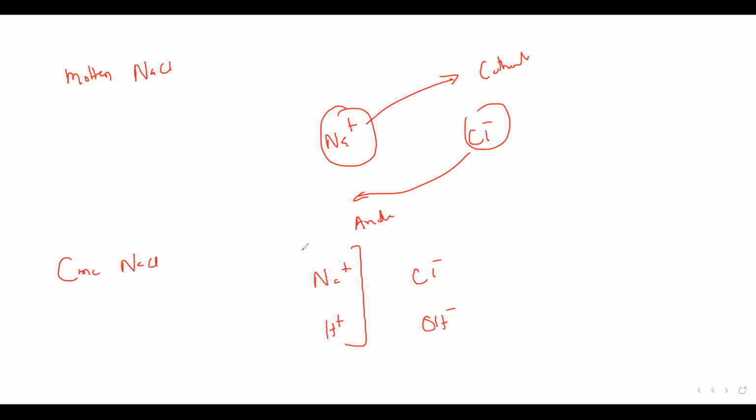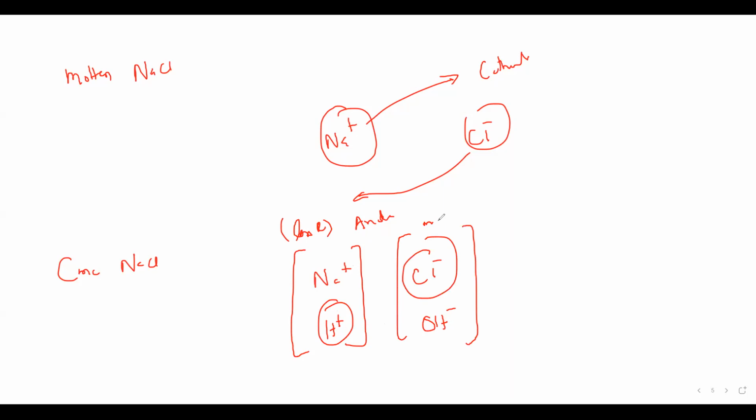Both positive ions are attracted, but only one of them is discharged, the one which is less reactive. For chloride and hydroxide ions, both are attracted, but the ion which is more in the solution will move. So the chloride ion will move, and we are left with sodium hydroxide.